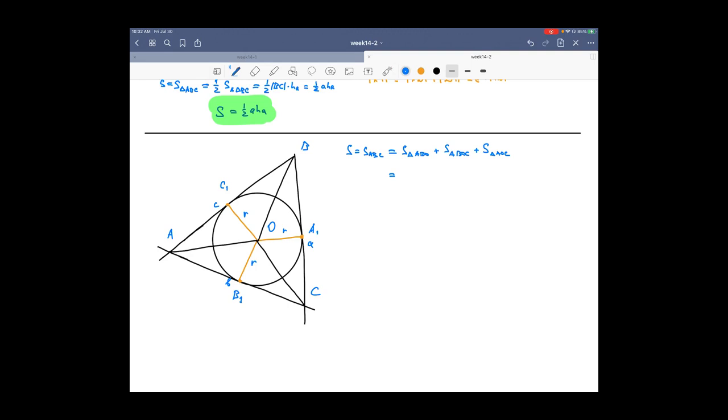Right? Distance OC1, OB1, and OA1 are all little r. So in each triangle I can write that the area is 1/2 base times height, where base is the side of the triangle and height is the radius.